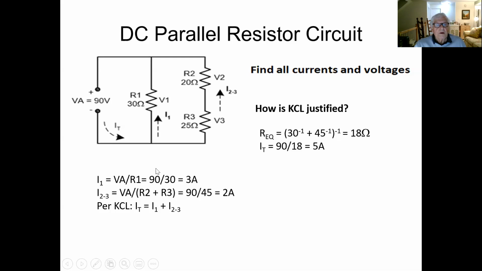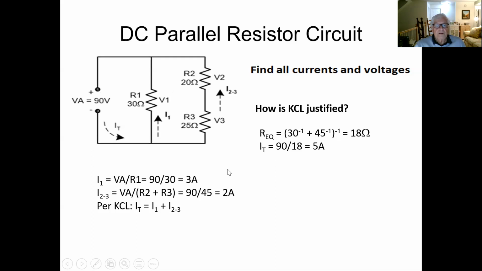Since this is a parallel circuit, we know that 90 volts will be across R1, and 90 volts will also be across the combination of R2 plus R3. So we can figure out what the different currents are, I1, and the current through R2 and R3. The current through I1 is just VA divided by R1, or 3 amps. So we've got 3 amps going through R1.